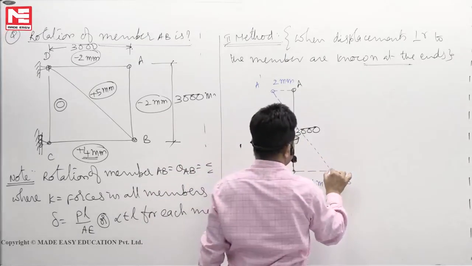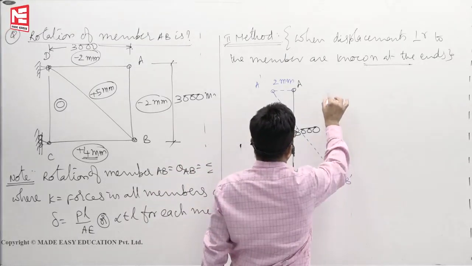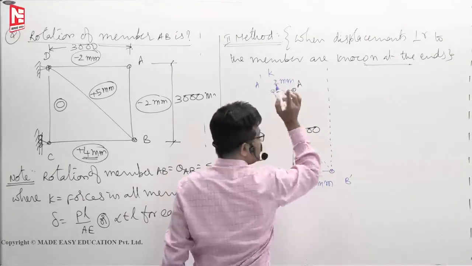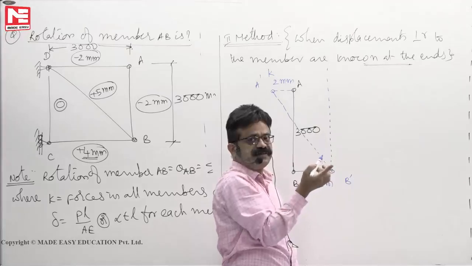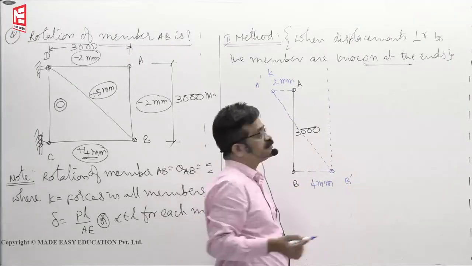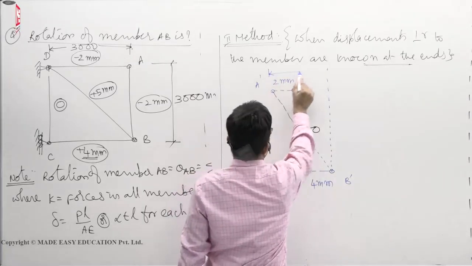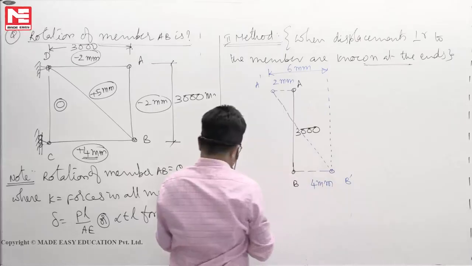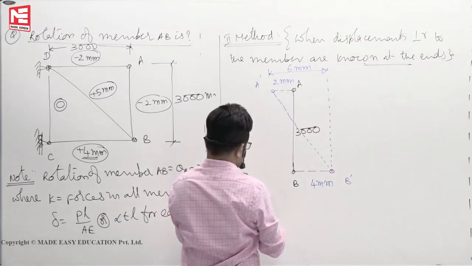So how much did it move completely? 2 mm here, 4 mm there. That is delta FG, or when you have GF, delta G by A plus delta F by A, as we have written. So the total displacement is 6 mm. Now you see, the rotation of member AB means this one.